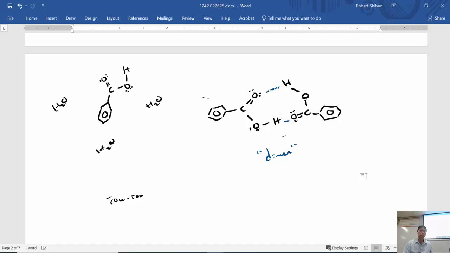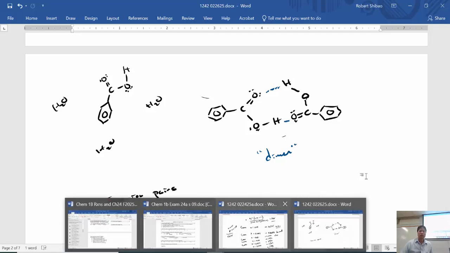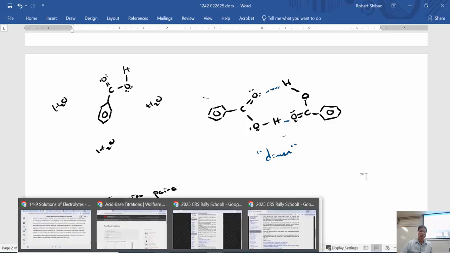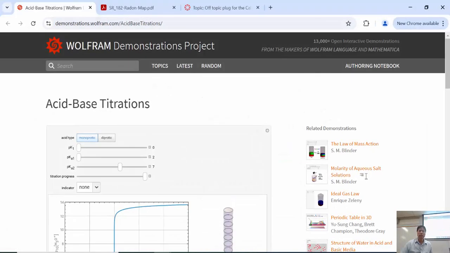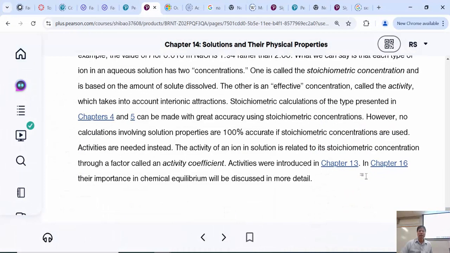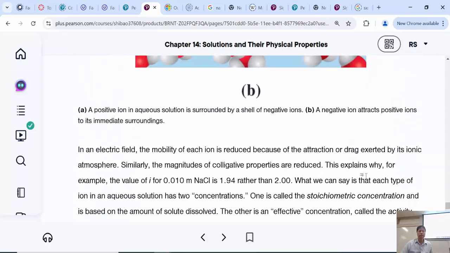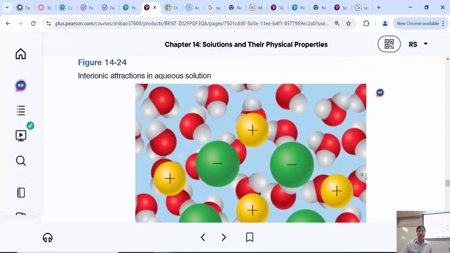Which section did you want us to review? 13? It's near the end. I did a search. I usually just search it, activity, but what page number is this?